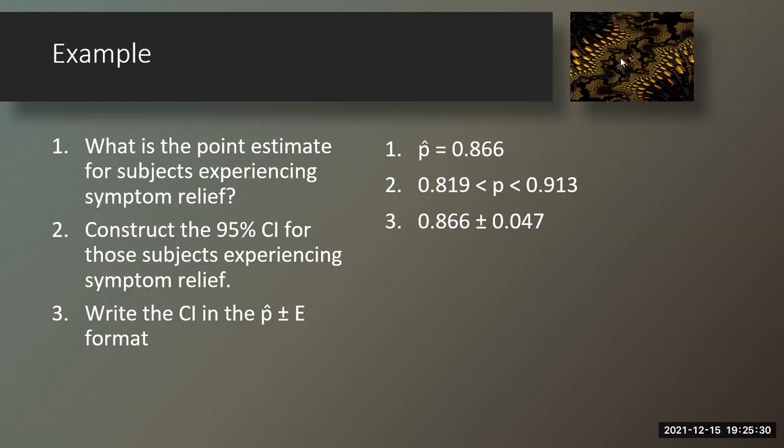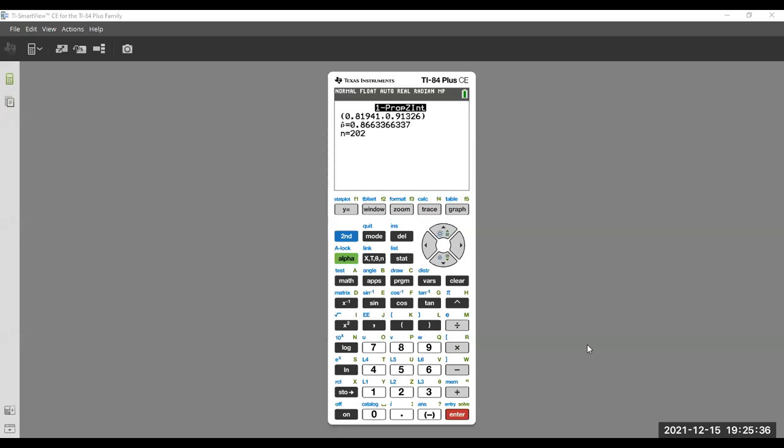And I've got a couple of ways of doing that. 0.913 minus 0.866, and there's a 0.047. I could also use the 0.866 minus the lower end number.